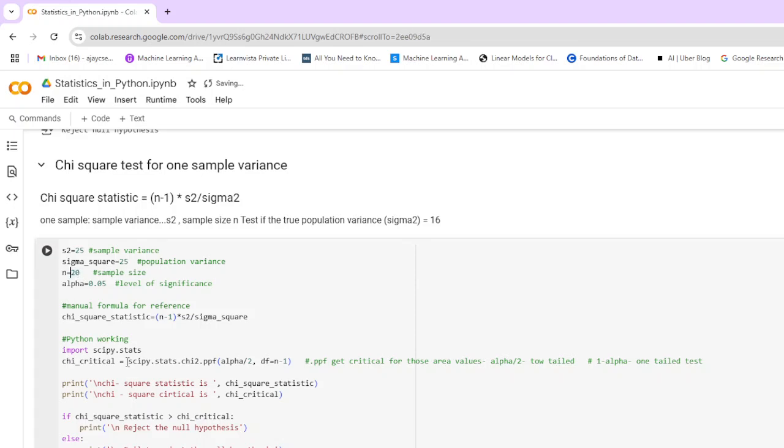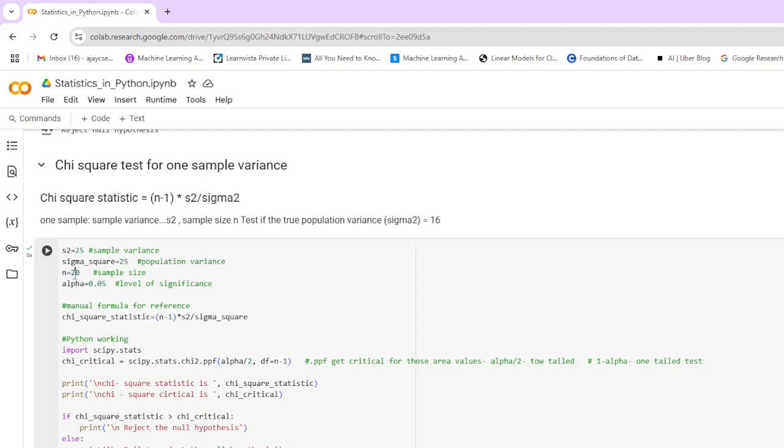Consider if I just pass 20. Here the chi-square statistic is 19 and chi-square critical in this case is 8.9, and we reject the null hypothesis. So depending upon the chi-square statistic and chi-square critical value, we decide whether we reject or fail to reject the null hypothesis.